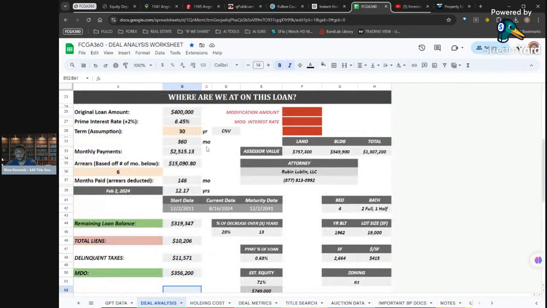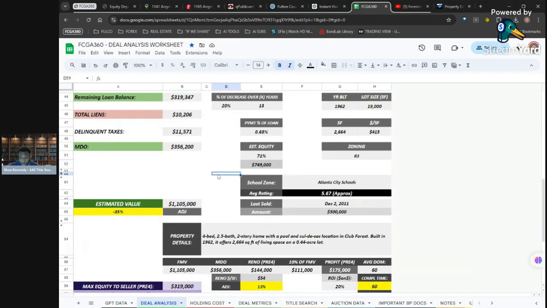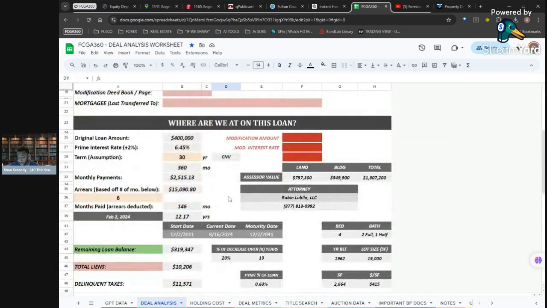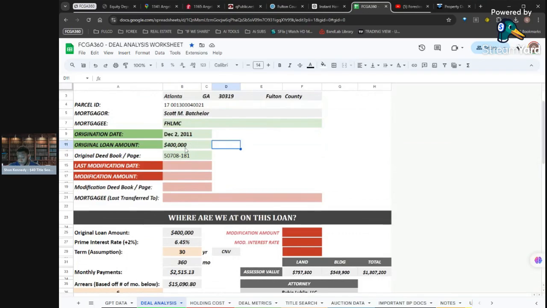So if they were foreclosing on it for $400,000 and I was able to get an HOA lien for $20,000 and I wanted to secure my interest, assuming that this is a first position mortgage, I'll be able to get this property for $420,000, $430,000, all the fees, whatever.